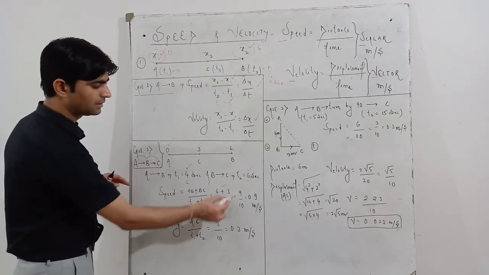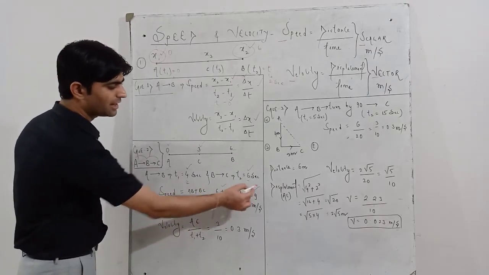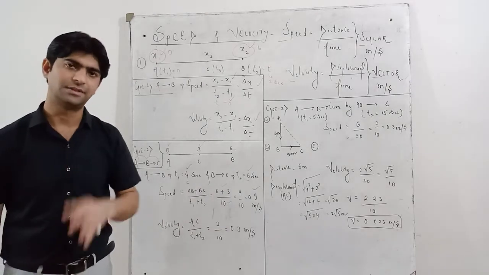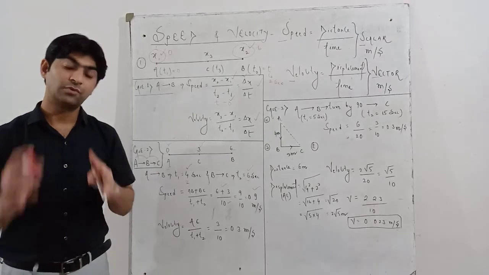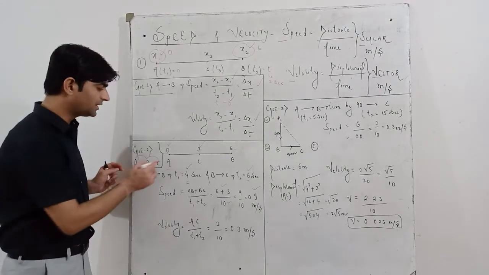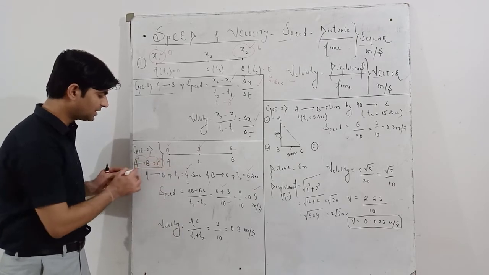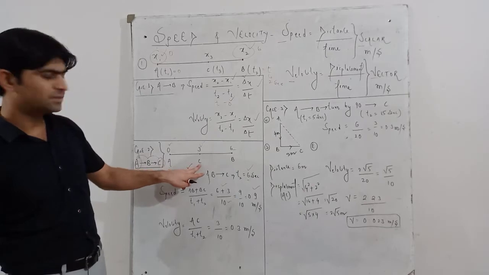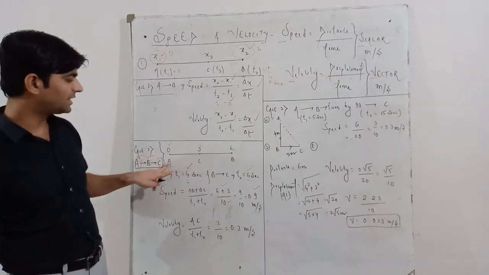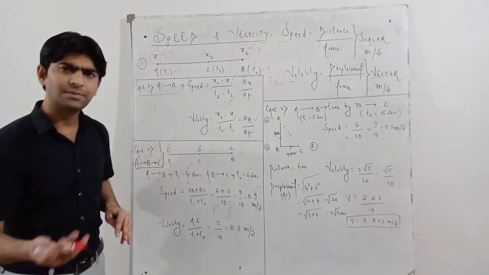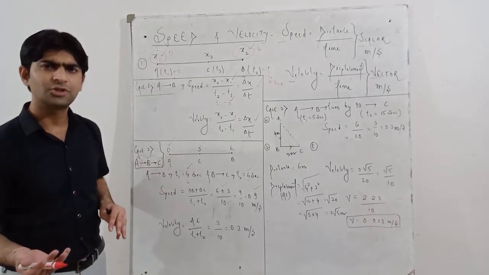Total distance upon total time, 9 upon 10, is 0.9 meter per second. 0.9 meter per second is the speed. But when we talk about velocity, velocity depends on the displacement. So here the final point is C and the initial point is A. So what will be the displacement? C minus A, or 3 minus 0. And even if we go by the definition, theoretically it will be the shortest route.